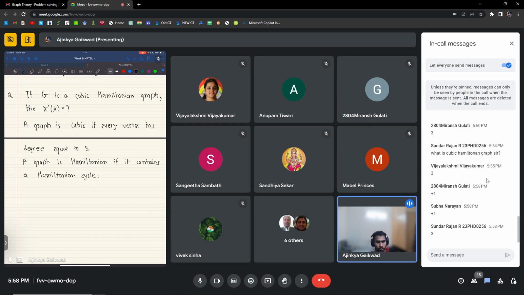Okay, so can you tell me why is it 3? Why do you think it is 3 and not 4? Any one of you? It is a Hamiltonian graph. Therefore, we will always find a cycle which will contain every vertex, right? Yes. So if there is a cycle, it would be either an even cycle or an odd cycle.